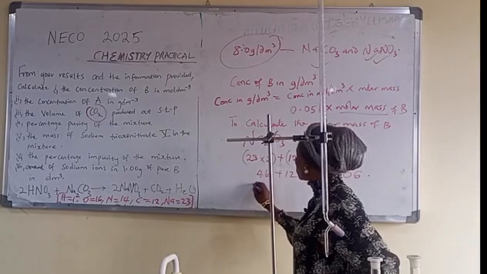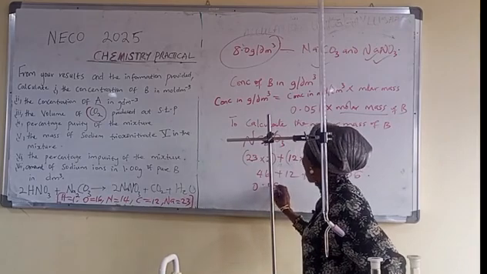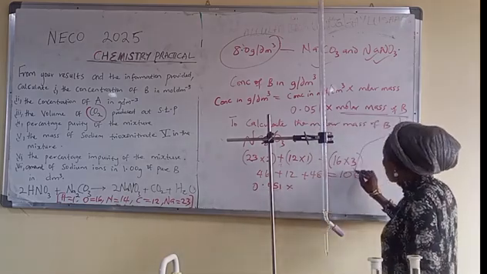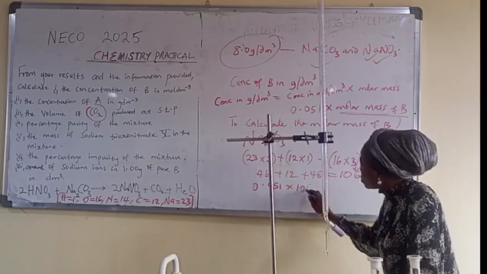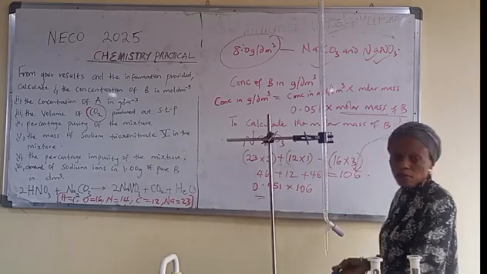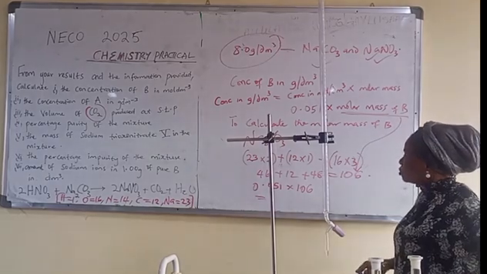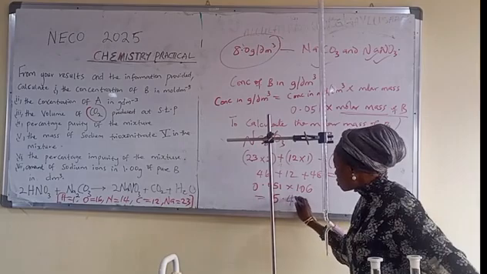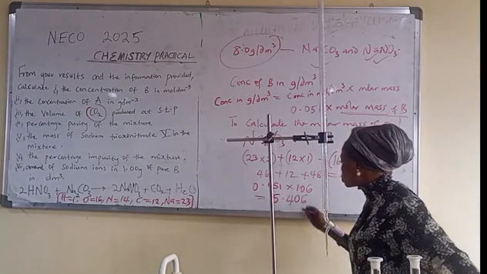So we have 0.051 times this molar mass we are finding now, 106. So it will now be 5.406.